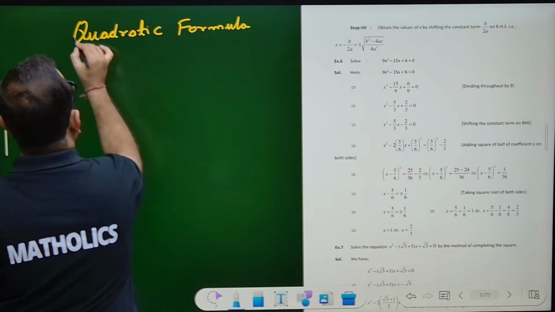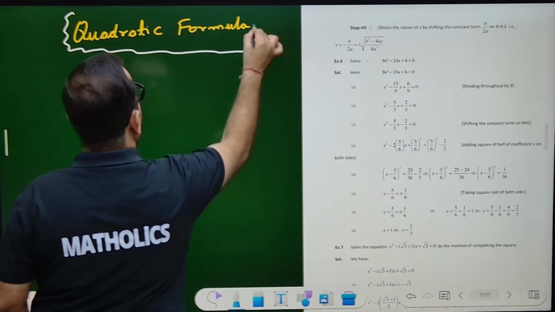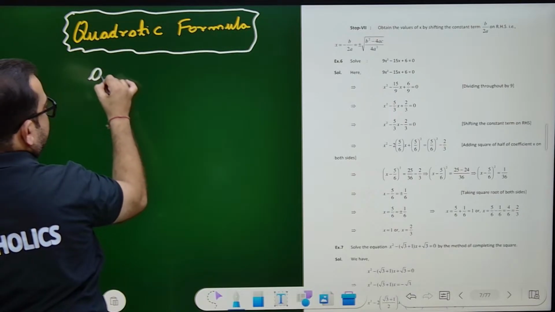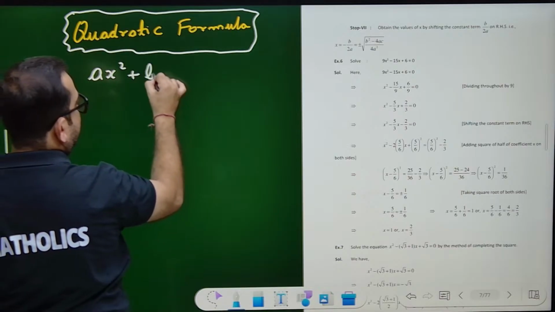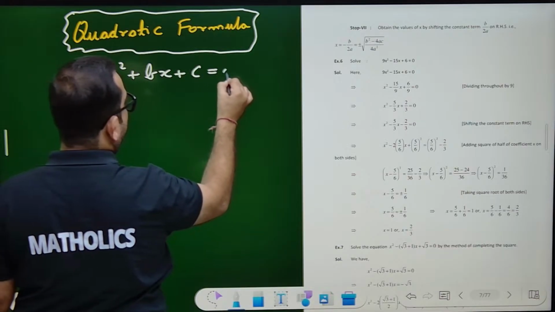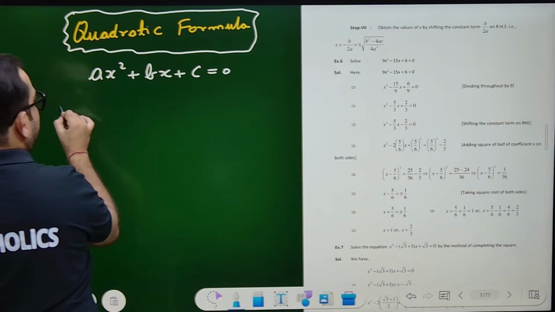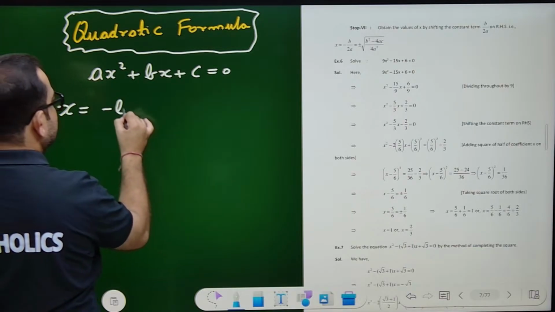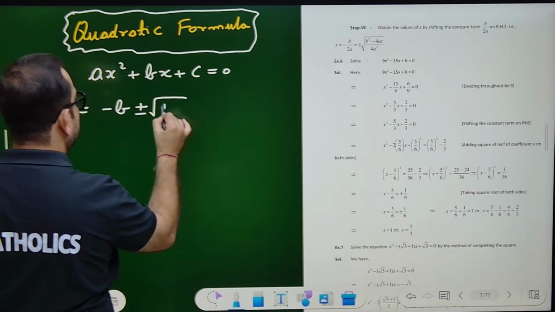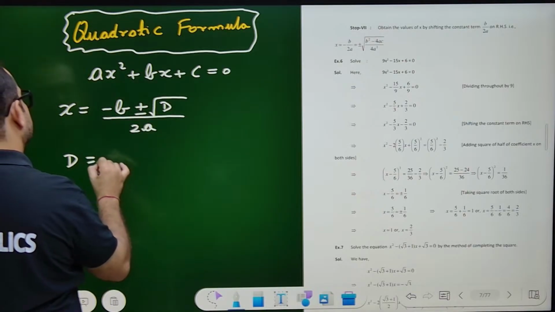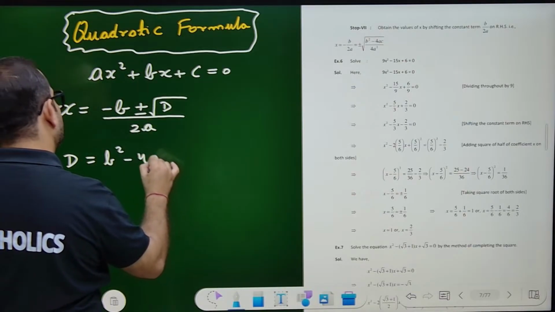Now what is this quadratic formula? You must know that a quadratic equation is ax square plus bx plus c equal to 0. This is the general form. So write the quadratic formula: x equals minus b plus minus under root d upon 2a, where d equals b square minus 4ac.